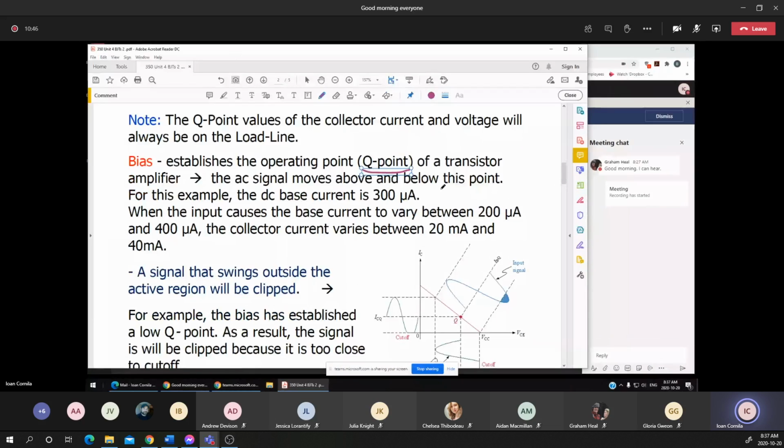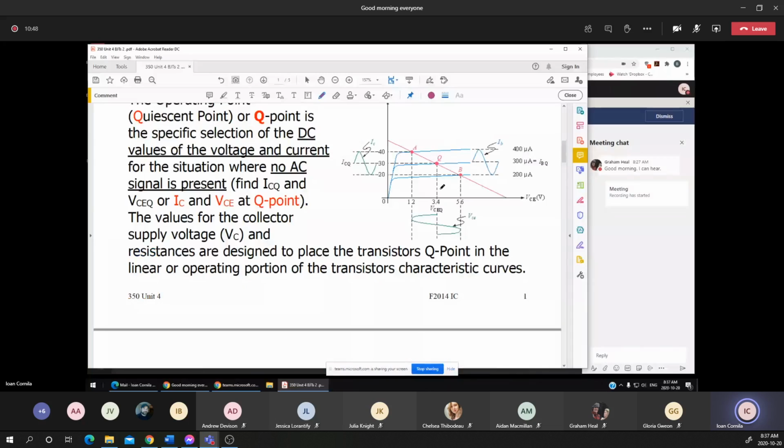Why is it so important to place the transistor in the midpoint of the load line? Here is an example that explains the purpose of designing the circuit so that the Q point is somewhere in the middle of the load line.